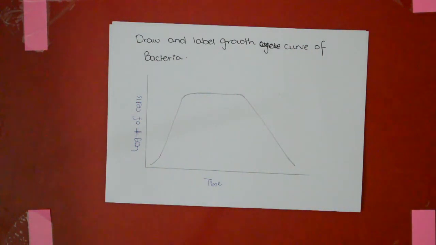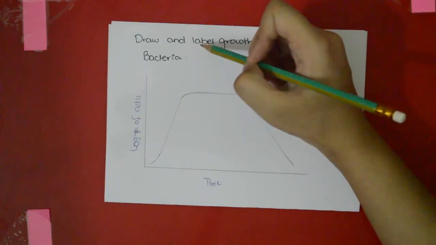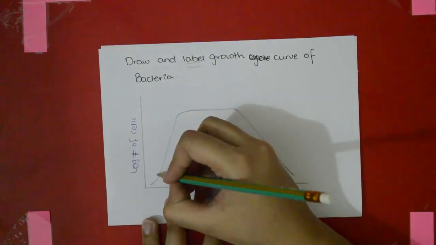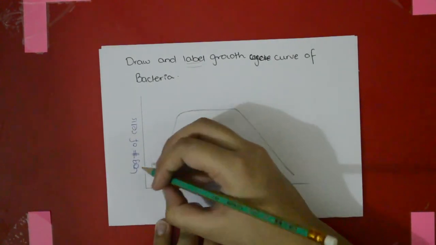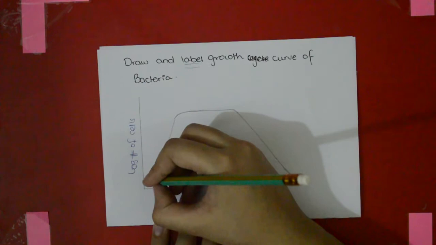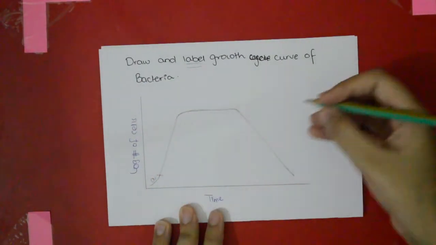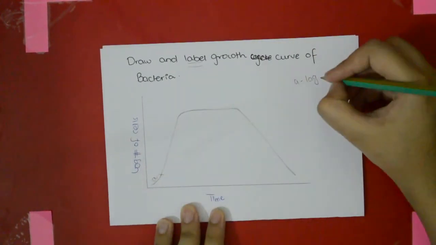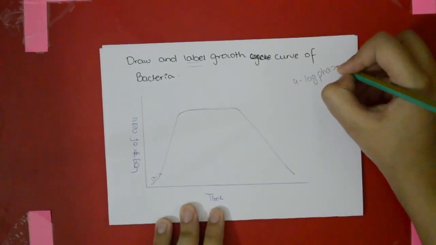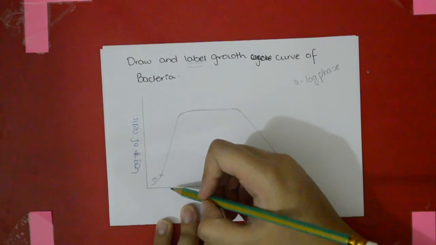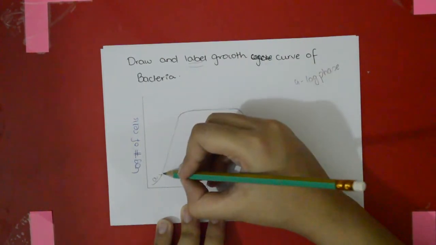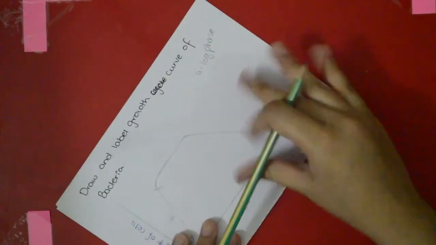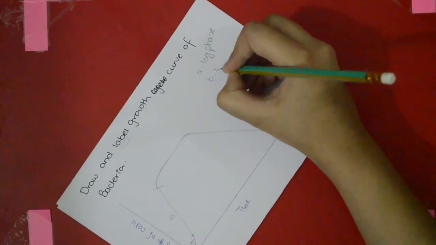Now they asked us to label the diagram. So this part till here is the lag phase. You can call it A and write it over here, or write it over there. It's up to you. Then this part from here till here is the log phase.